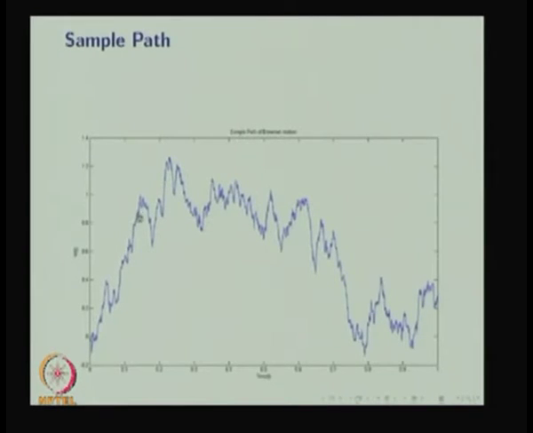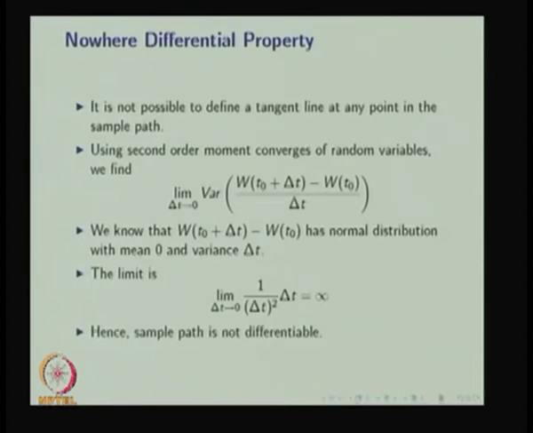There are no jumps. And the limiting case of a random walk will be the Brownian motion. That one can also visualize in the sample path of Brownian motion. Now we are going to discuss a few important properties of a Brownian motion.